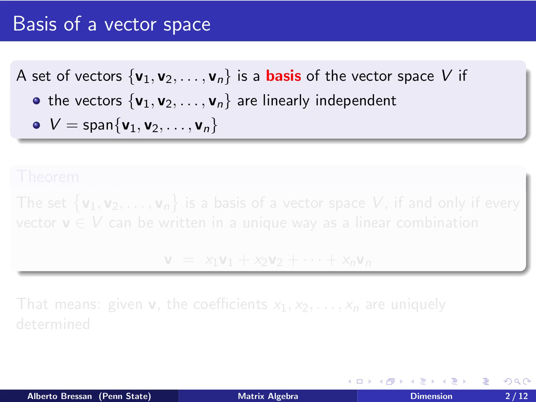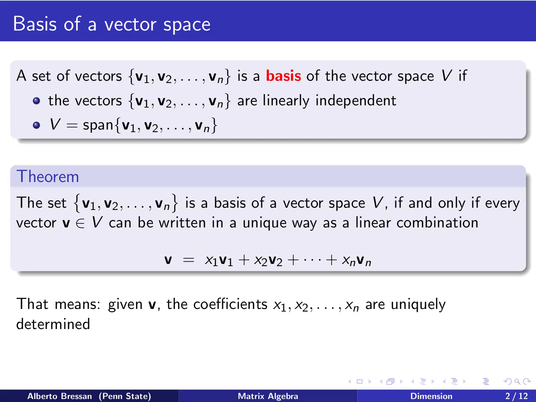So first, this set of vectors, they are linearly independent. Second, the span of these vectors is exactly the vector space V, which means every element in the vector space V could be expressed as a linear combination of the vector set.